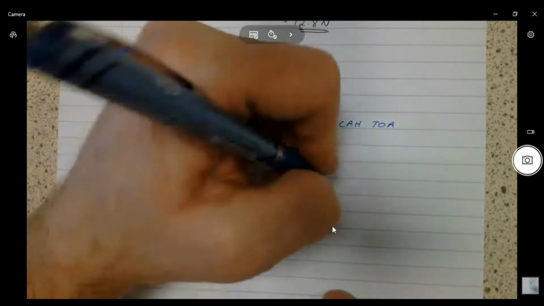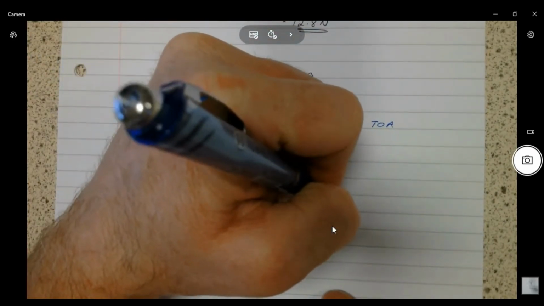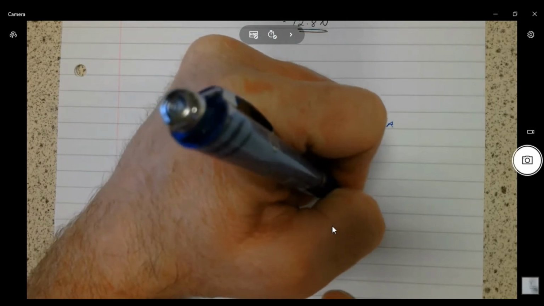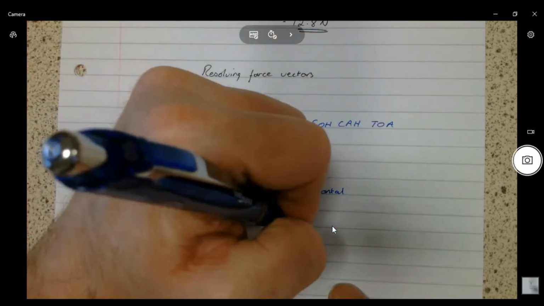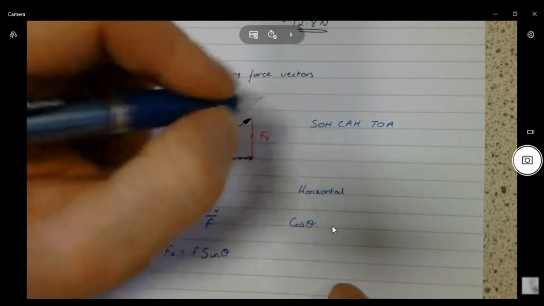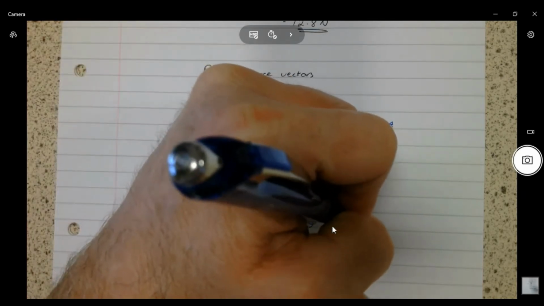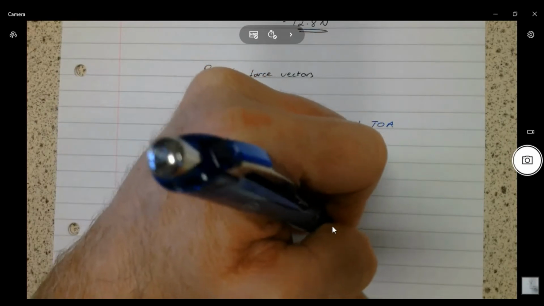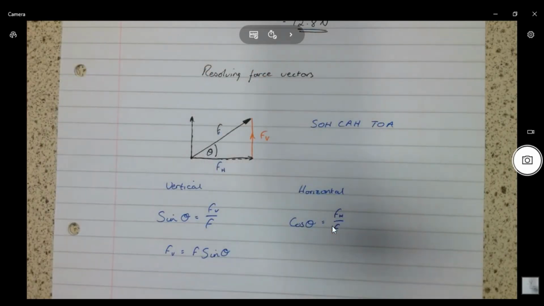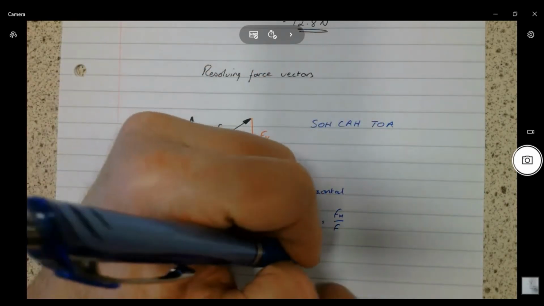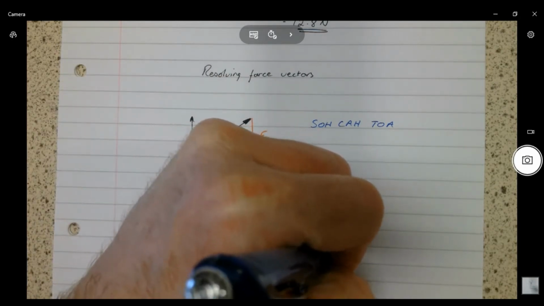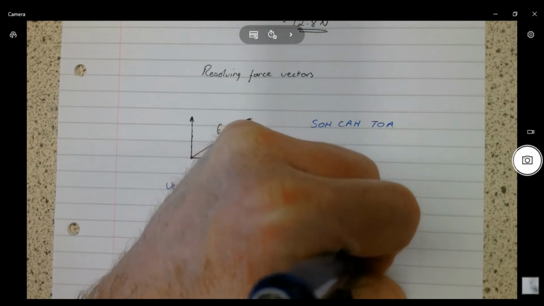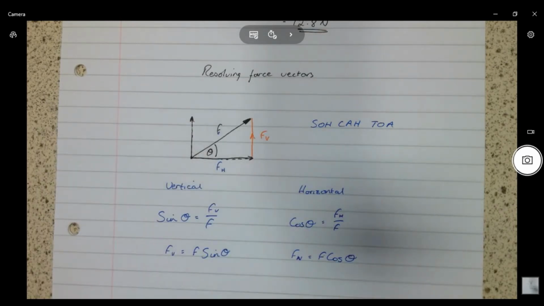And horizontal was adjacent, so we'll use cos theta: cos theta equals F horizontal over F, so F horizontal is F cos theta. Okay.